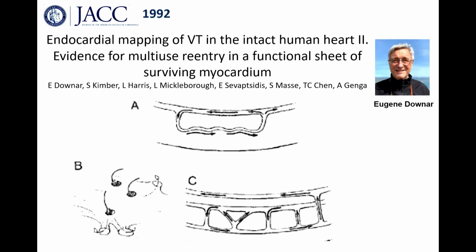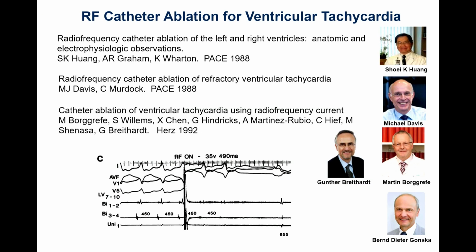And this idea was further extended by Eugene Downar in Toronto, this idea of complex reentry circuits, three-dimensional in their geometry, and with large sheets of activation connected by critical segments of reentry circuits.